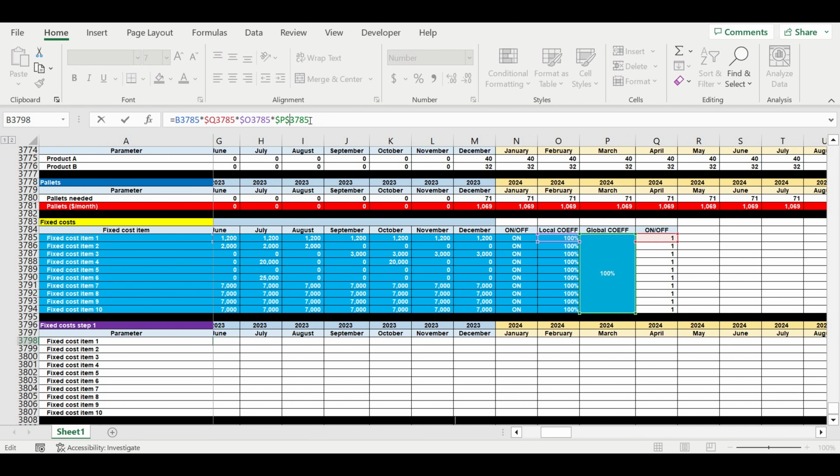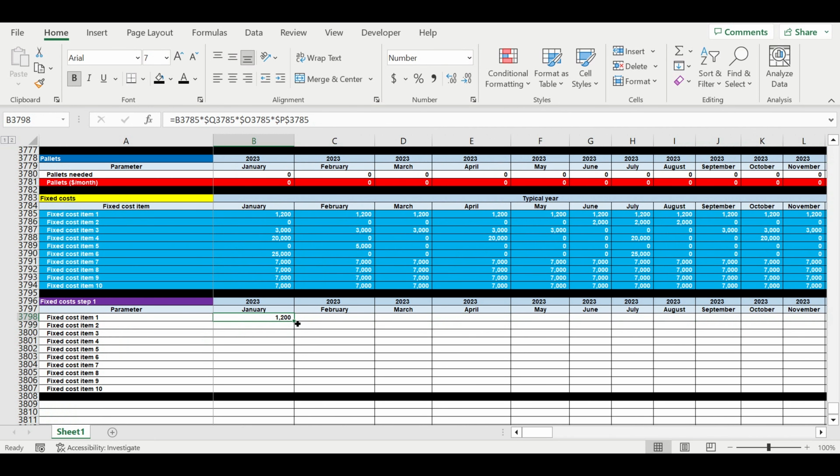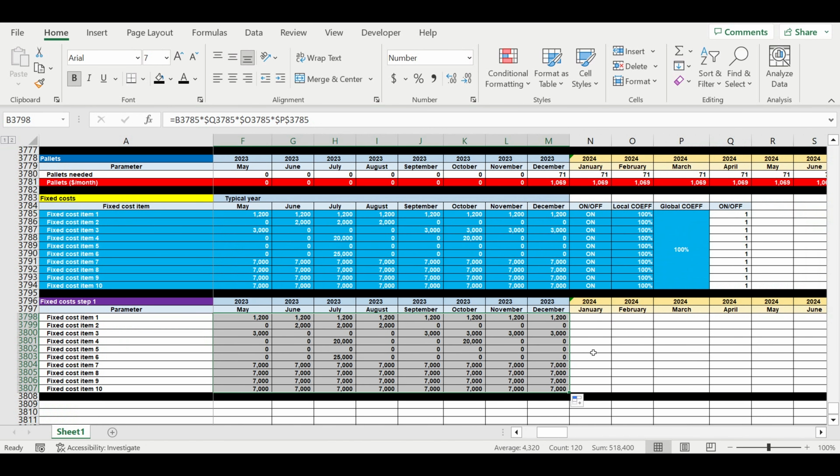Then I'm pressing enter. So this will be the first year. Then I'm extrapolating these formulas to the right.